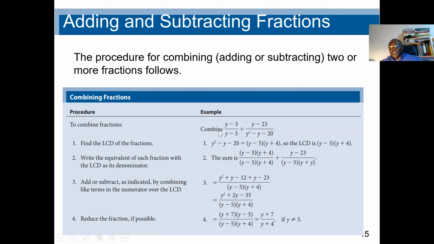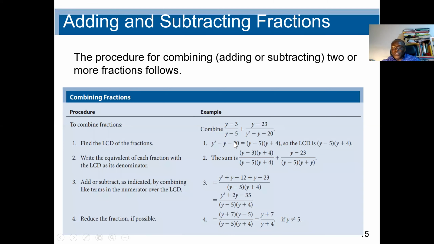So let's see this example here. Here we have plus, now it's not a quotient or product. So y minus 3 is lowest term already, y minus 5 the same. So we can find the factorization of y squared minus y minus 20, and that's what is written here.